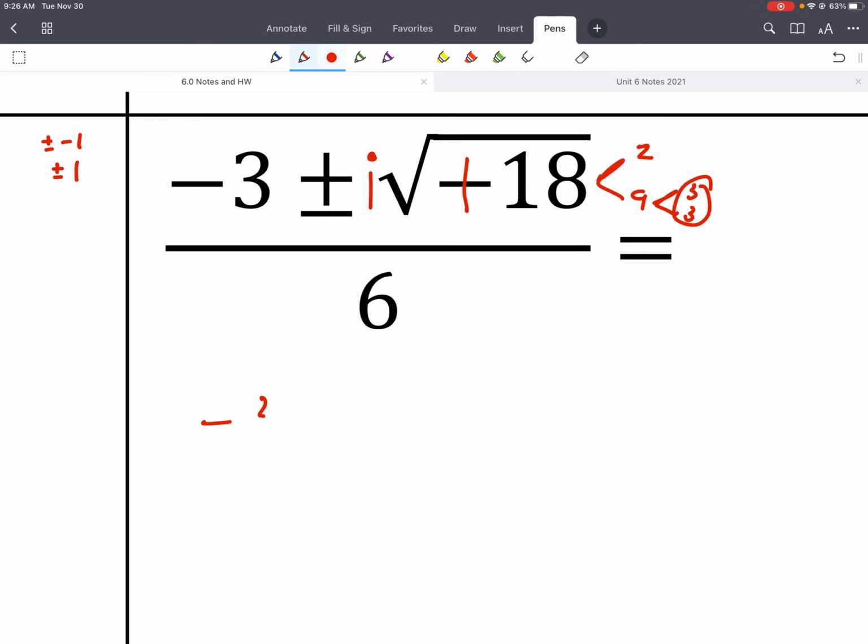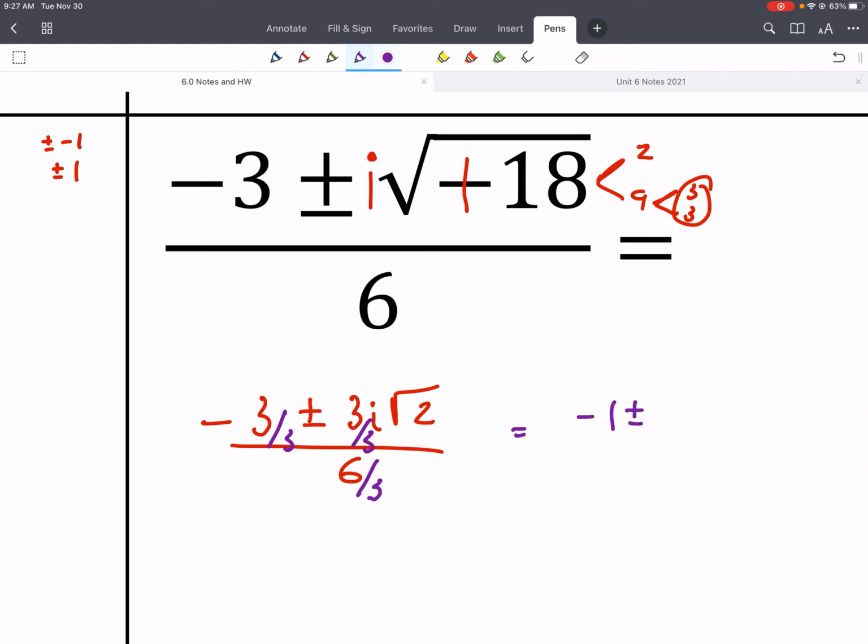So we'll have negative 3 plus or minus 3i square roots of 2 all over 6. And then we just need to simplify the fraction. So what can we divide 3, 3, and 6 by? We could divide everything by 3. And we'd get negative 1 plus or minus 1i, or just i, square roots of 2 over 2.